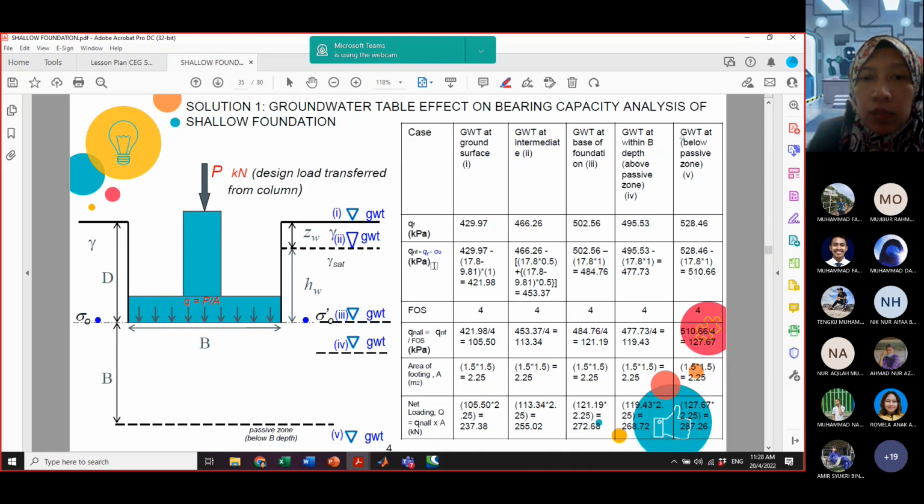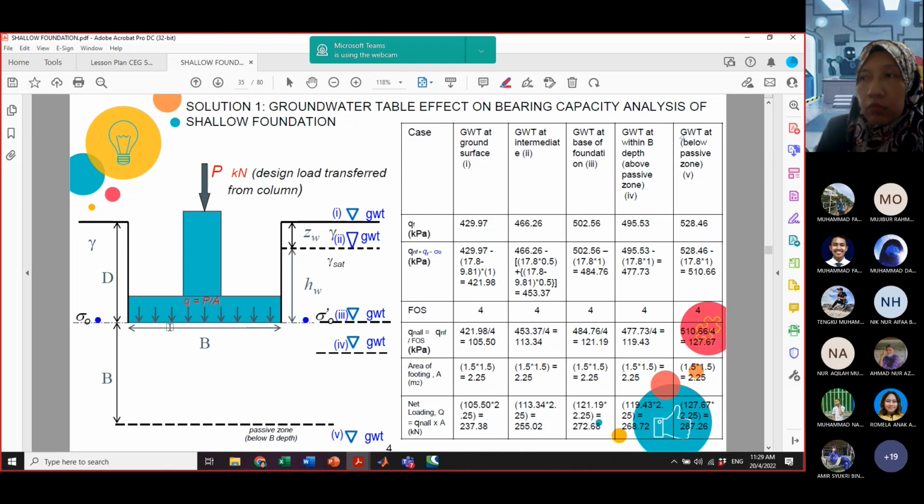So the net ultimate bearing capacity is a ultimate bearing capacity QF tolak dengan overburden pressure. So overburden pressure ni pun dia merujuk kepada kesan air tadi itulah yang kita calculate. Kalau kata air tu fully from top of the ground surface, so overburden pressure kita adalah efektif gamma darab dengan D. D masih lagi kekal lah sebab founding depth tak akan berubah kan.